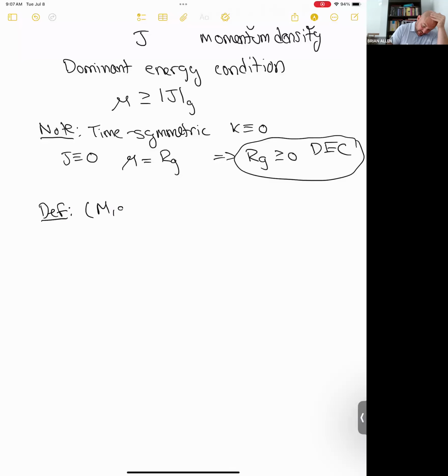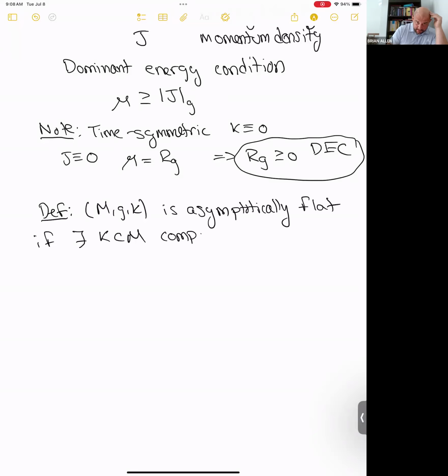So we'll say that (M, g, K) is asymptotically flat if there exists a compact set such that when you remove that compact set, you just get the union of a bunch of different components.